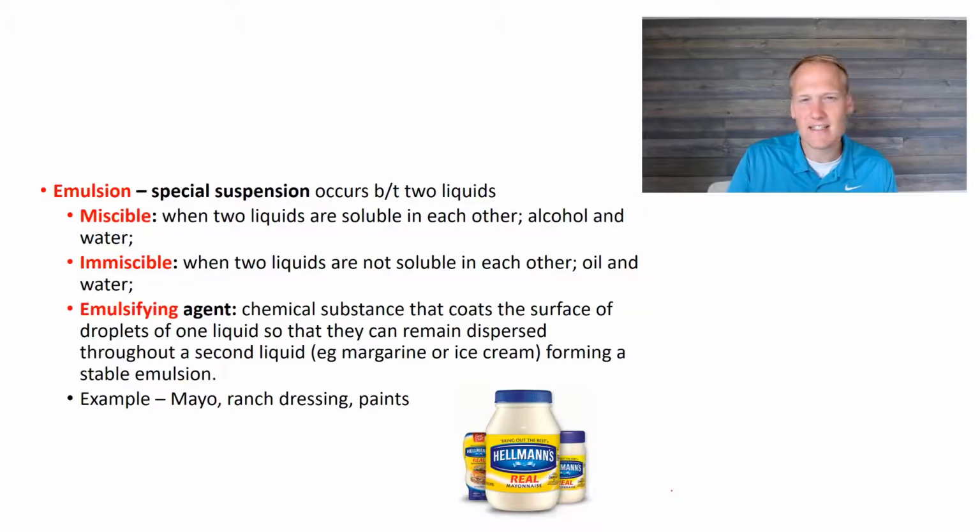What it does is it allows a polar substance and a nonpolar substance to mix together. Mayonnaise, ranch dressing, and paint are all examples of emulsions, things that shouldn't mix together very well and stay mixed together, but they do. Over time, if you let them sit, they will separate. Paint separates over time, and mayo, if you leave it sit a long time, would separate as well.